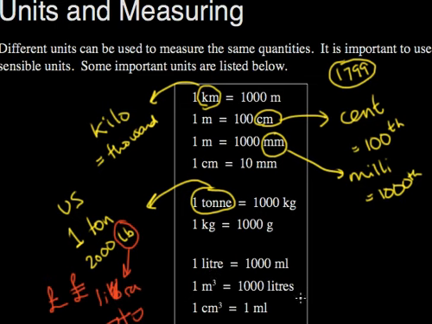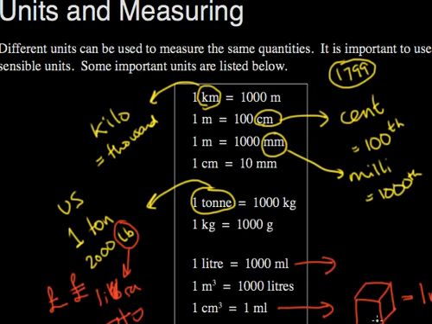This is something we've got to be aware of. 1 litre is 1,000 milliliters, and this is the one I tend to remember, actually, that 1 centimetre cubed, which you can imagine is just a tiny little cube, is equal to 1 milliliter. So 1,000 centimetres cubed would be 1 litre.